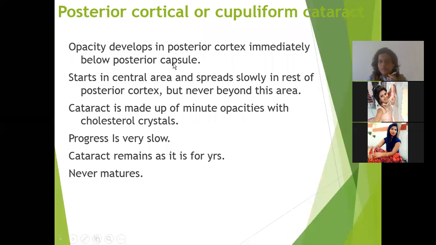So immediately below the posterior capsule there is a posterior cortex opacity that develops, so it is called a posterior cortical or cupuliform cataract. It starts in a central area and spreads slowly in the rest of the posterior cortex, but never beyond this area. The cataract is made up of minute opacities with cholesterol crystals. Progress is very slow. The cataract remains as it is for years and it never matures.